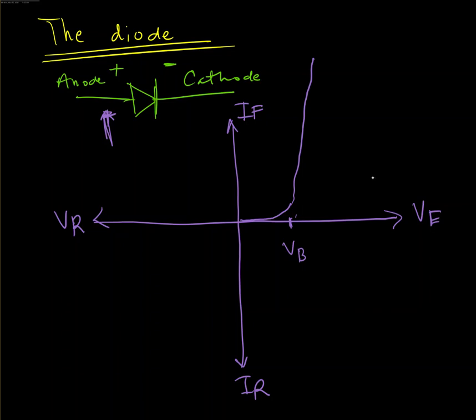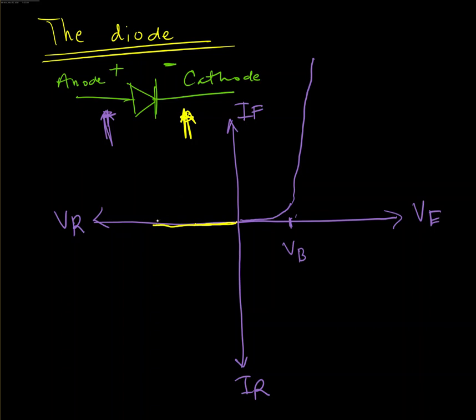Now, if the voltage across the diode is reversed and you put the higher voltage over here at the cathode, then you're into the reverse bias region of this graph, and there will be a tiny little reverse bias current, but really nothing significant. So we say there's no current flow in the circuit then.